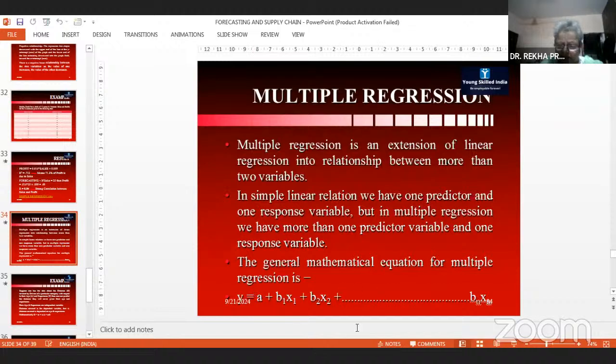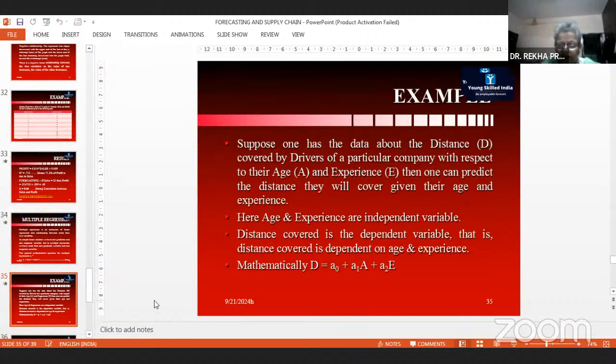This is a general mathematical equation. It has n independent variables. See, suppose one has the data about the distance covered by drivers of a particular company with respect to their age and experience. Then one can predict the distance they will cover given their age and experience. Get my point?